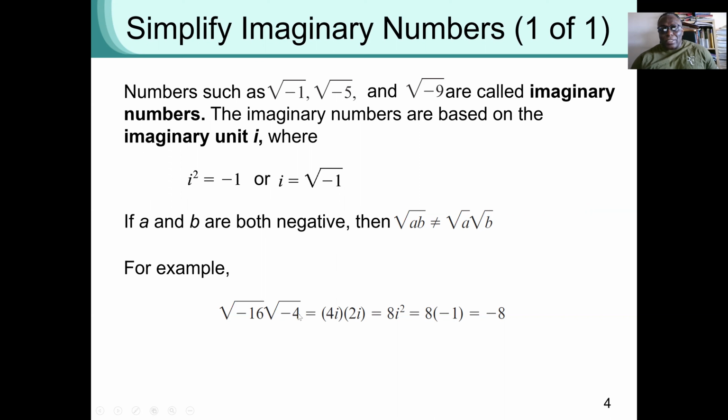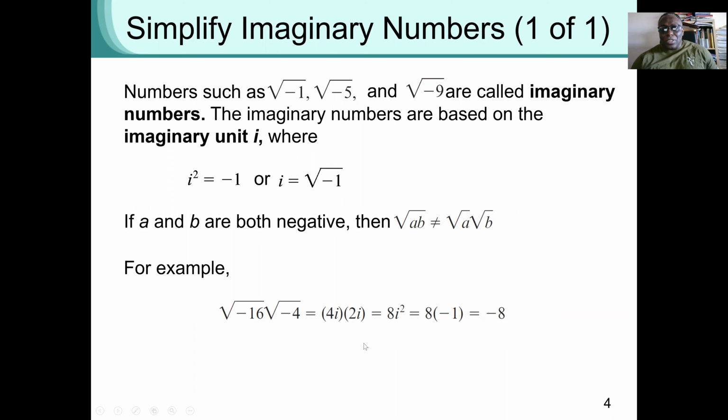But again, we have negative 4. So the square root of negative 1 is i. And that will give me 2i. Now, when I multiply 4 times 2, I'll get 8. When I multiply i times i, I'll get i squared. And we know the rule saying that i squared is always negative 1. So this means I'll get 8 times negative 1, which will give me negative 8.